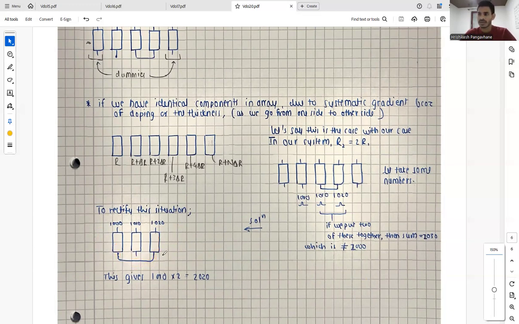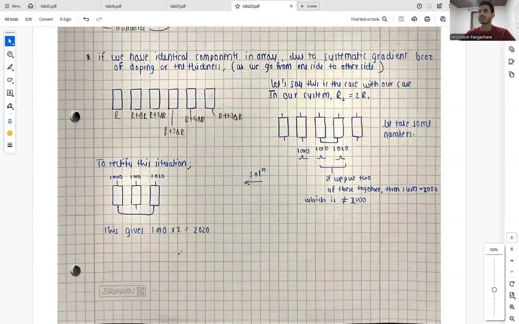This gives us 1000 plus 1020, which gives us 2020, and which is nothing but twice 1010. Thus we can now easily make a resistor which is twice the value of a given resistor.